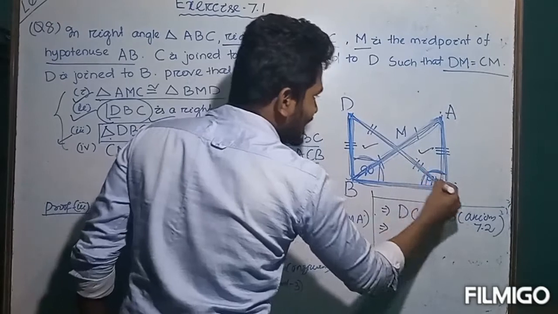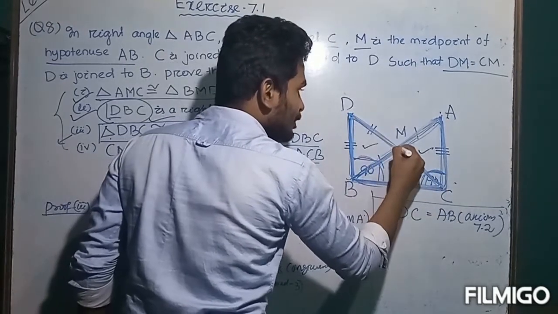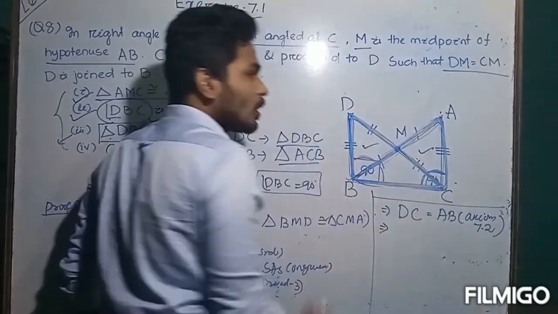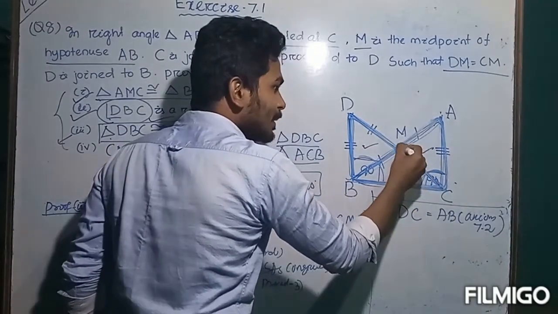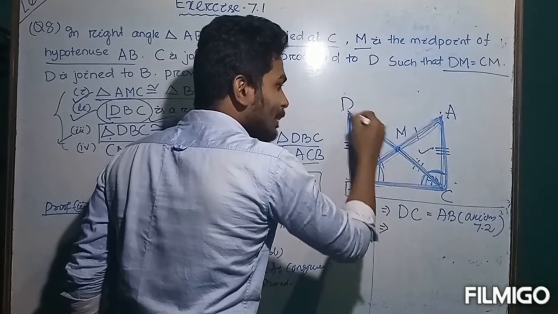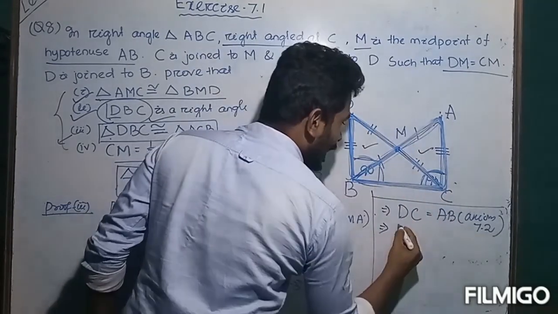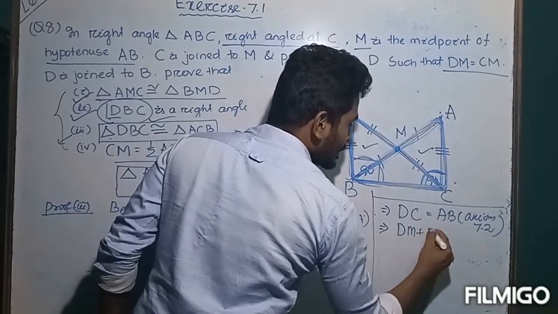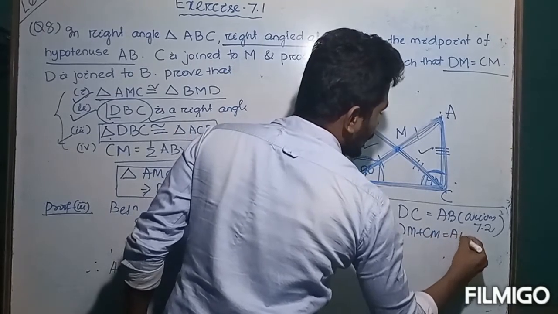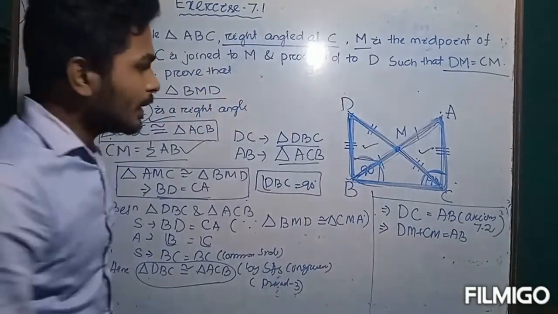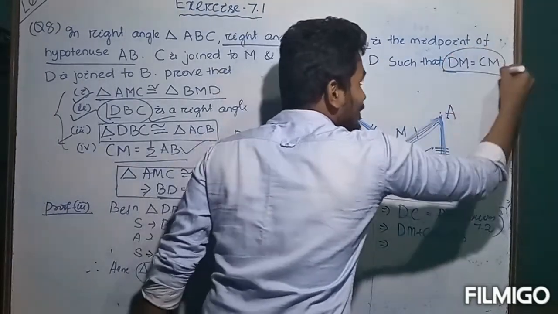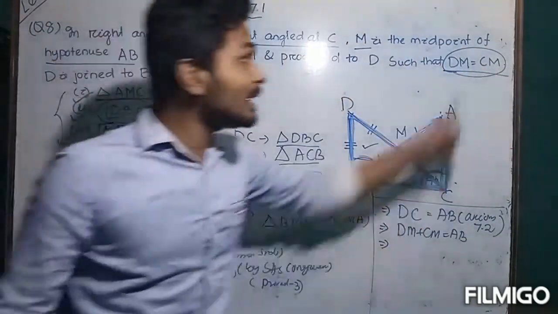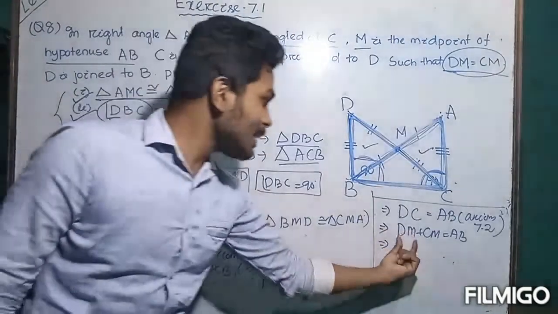Then DC can be written as DM plus CM, because M is a point in between D and C. So you can write DM plus CM is equal to AB. Now, it has been given that DM is equal to CM.